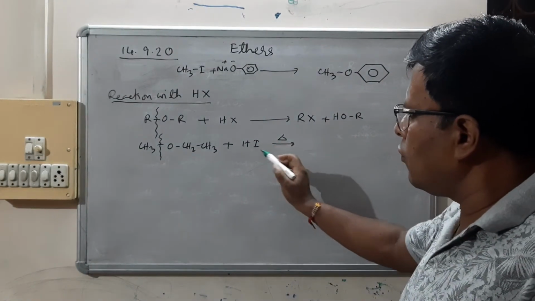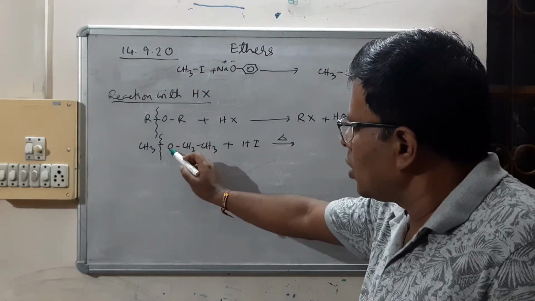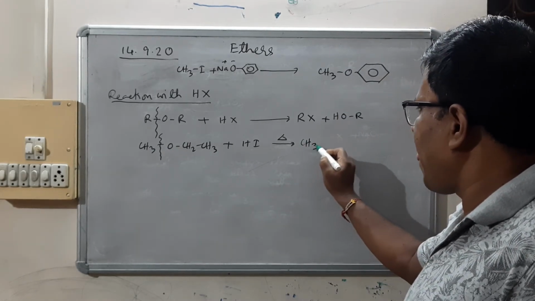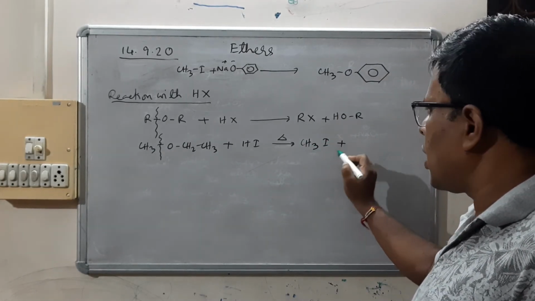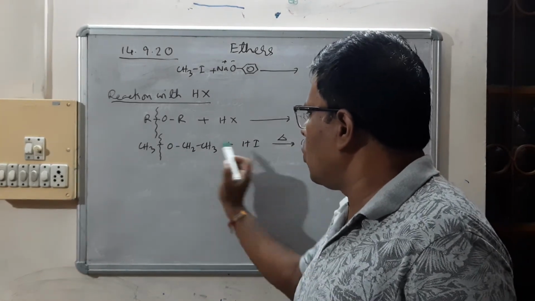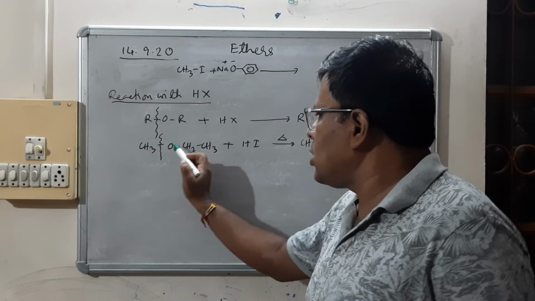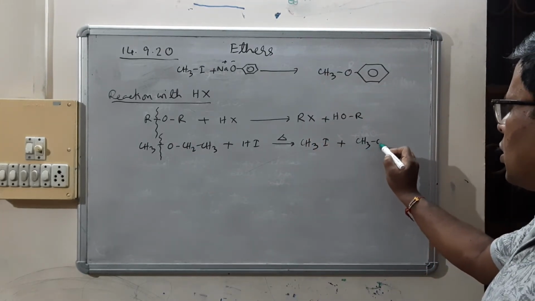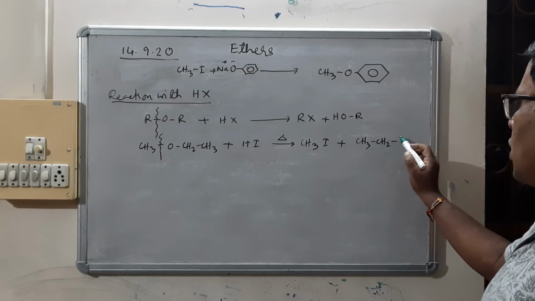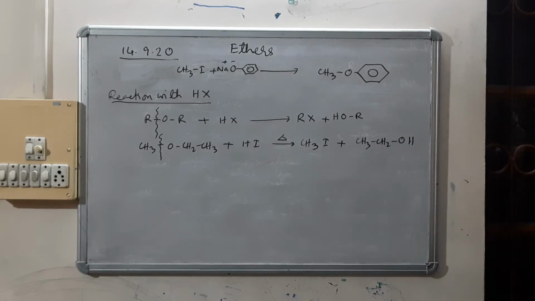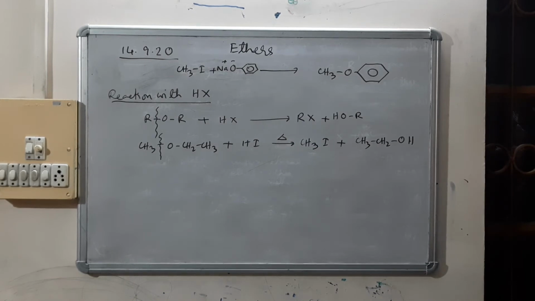So if this bond breaks, then it will be CH3I as one product, because with O, H will go, and another product will be CH3CH2OH. So you should always remember the smaller alkyl group side.